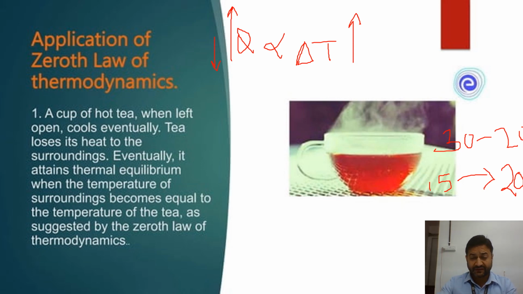So this heat transfer will continue to occur until the temperature of your cup and the temperature of your surrounding become equal, and at that point we will say that they are in thermal equilibrium. At that point we will measure the temperature T by using any thermometer device. Clear?